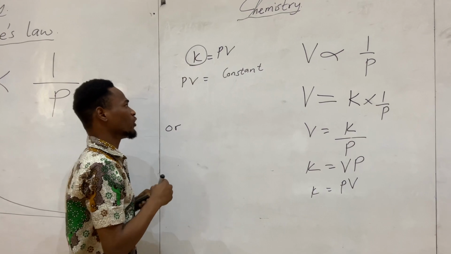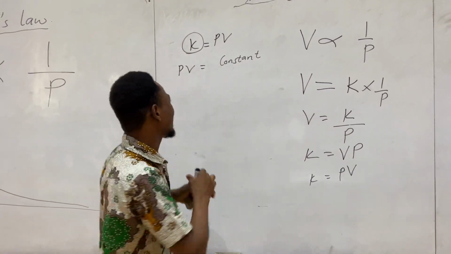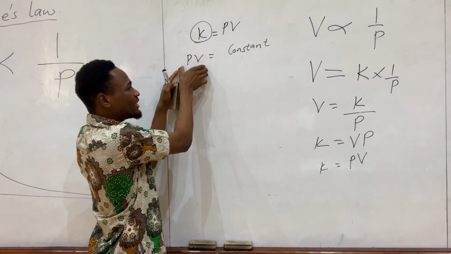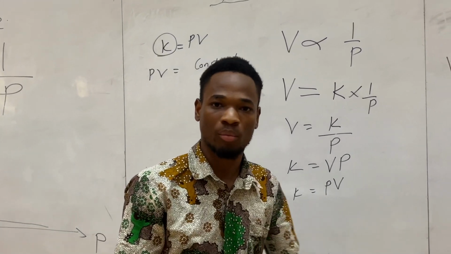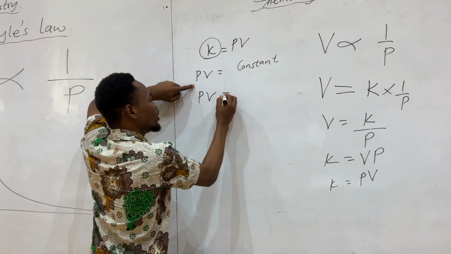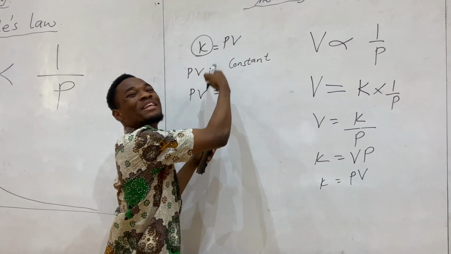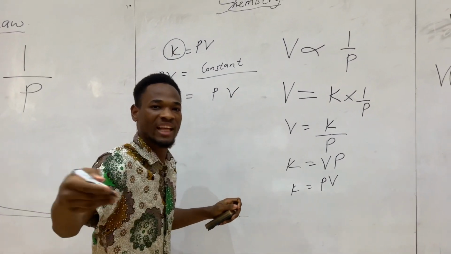Are you okay? So now, if that is the case, that means I can equate this PV to the others. It doesn't change. So if I have my PV here, it should be equal to what? PV again. So P what? V. Because we are saying it's what? It's constant, it doesn't change.